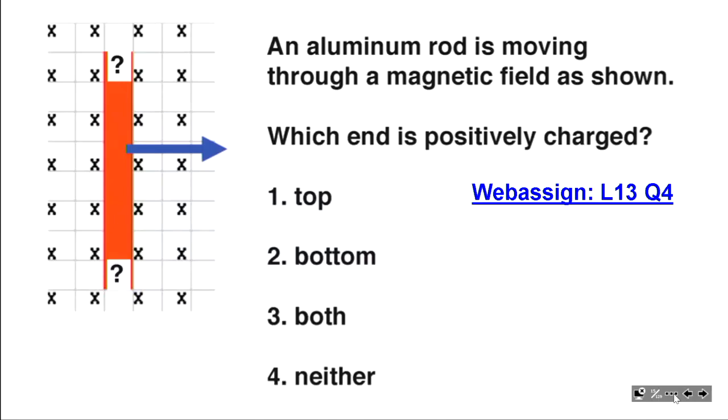So each electron should begin to experience a force because it's being moved, and that force should start acting on those electrons. So they will be moving as a whole in a certain direction, and because of that, they will be collected on one end of this electrode. So another end of this rod, electrode, bar, will be missing electrons, and that will make it positive.